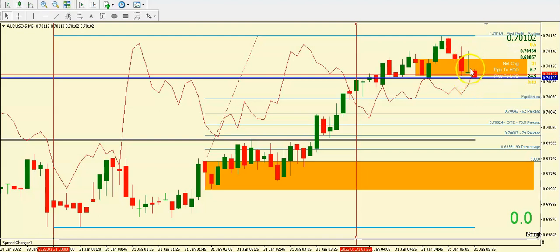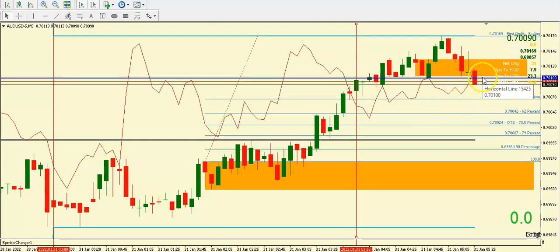ICT teaches to ignore this, so leave that. If it does get ignored, okay, so that's valid. Once this is broken, this is the breaker. So what we're looking for is a turnaround.